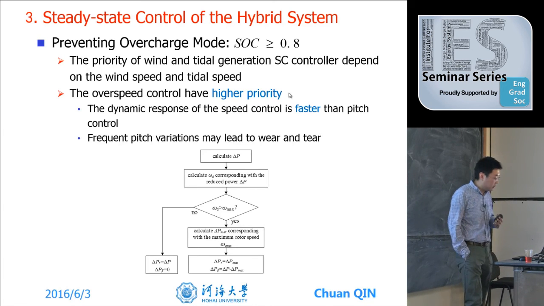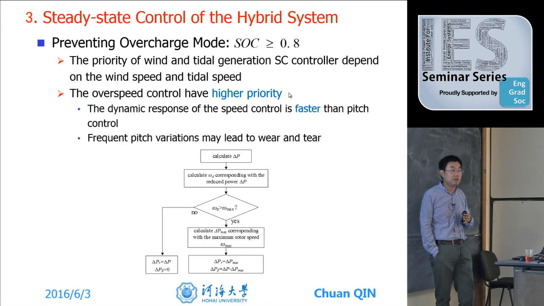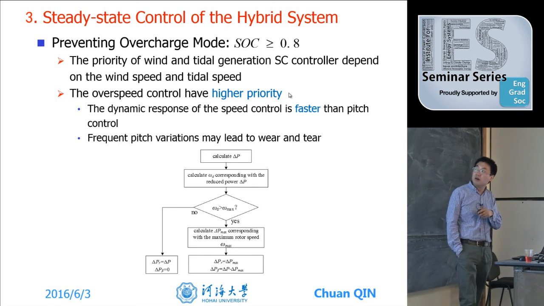The priority of the wind and tidal generation side controller depends on the wind speed and the tidal speed. Actually, it depends on the deloading capability of the generator side.